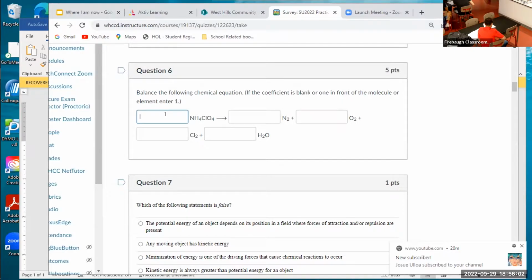So balance the following chemical equation. Okay, what am I going to do?